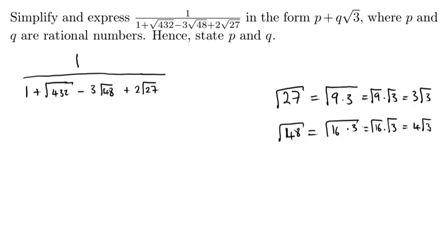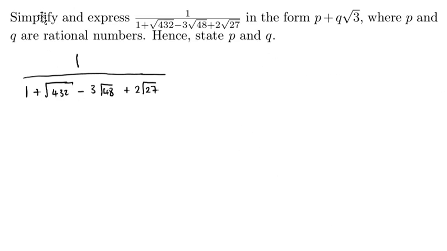How about 432? So 432, we can use 144 multiplied by 3, of which the square root of 144 is 12, and the square root of 3 will just remain as root 3. Right. So figure out a square number that can go into the numbers we're looking for.